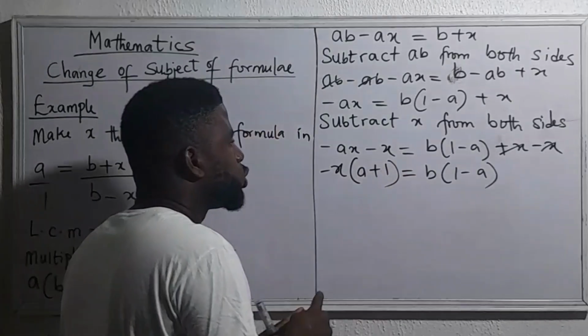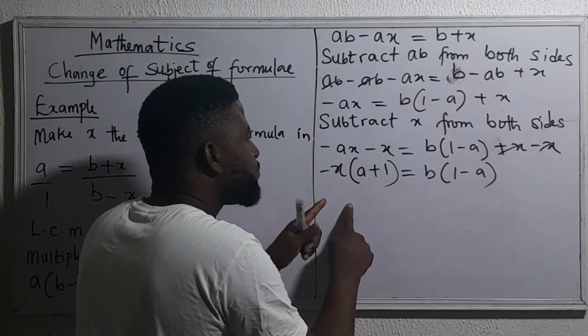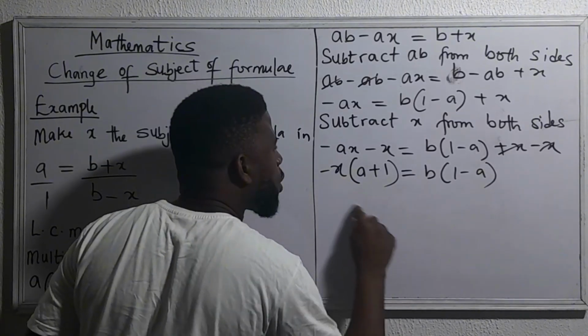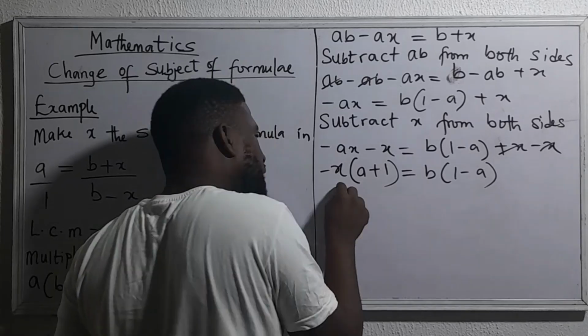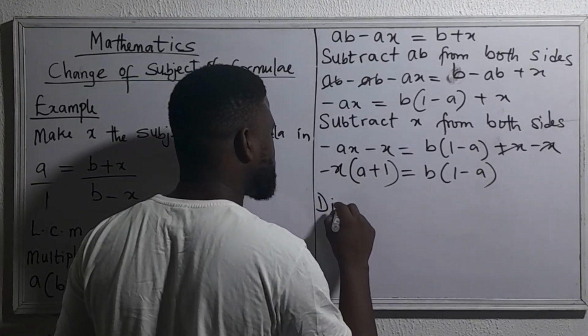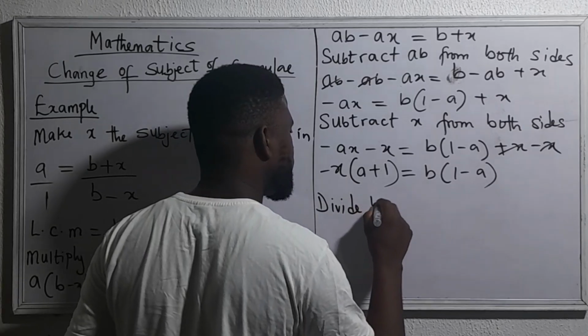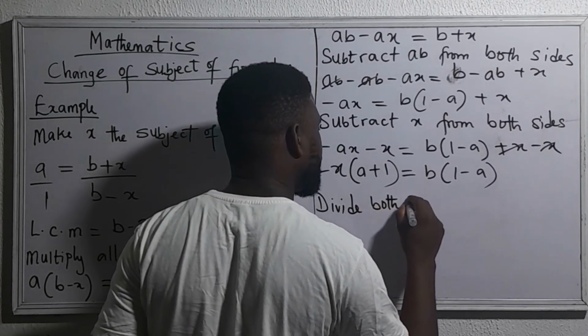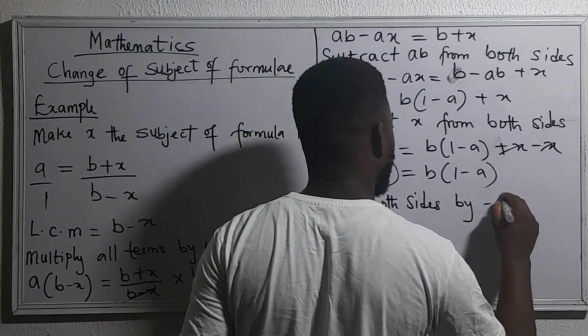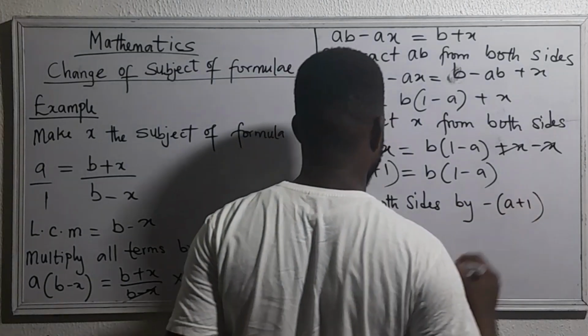Now, to find x, we divide both sides by every other quantity on the left hand side except x. So we divide both sides by minus a plus 1.